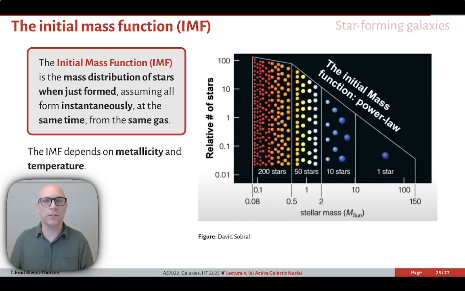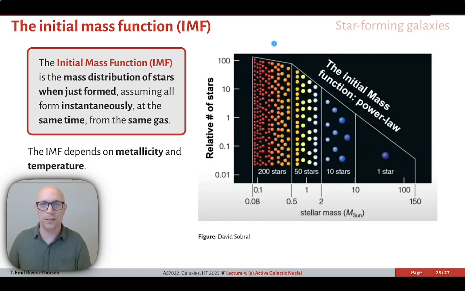So assuming all stars form instantaneously and at the same time from the same gas, then the initial mass function is the mass distribution of those stars at age 0. And this IMF depends both on the metallicity and the temperature of a gas.